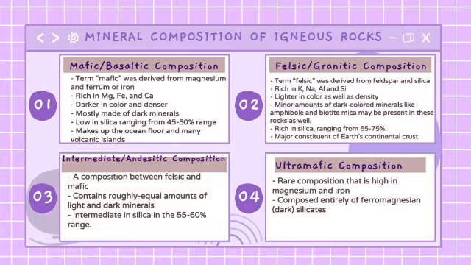It is intermediate in silica, in the 55 to 60% range. The last one of the four types of igneous mineral composition is the ultramafic composition. This composition is rare and it is high in magnesium and iron. Ultramafic composition is composed entirely of ferromagnesian silicates.